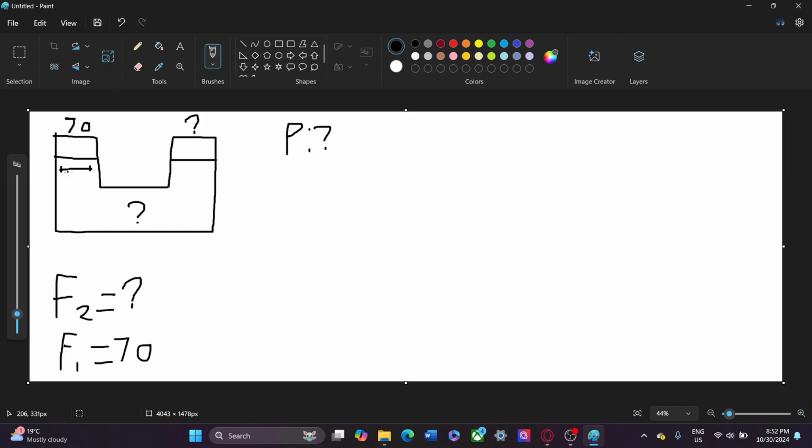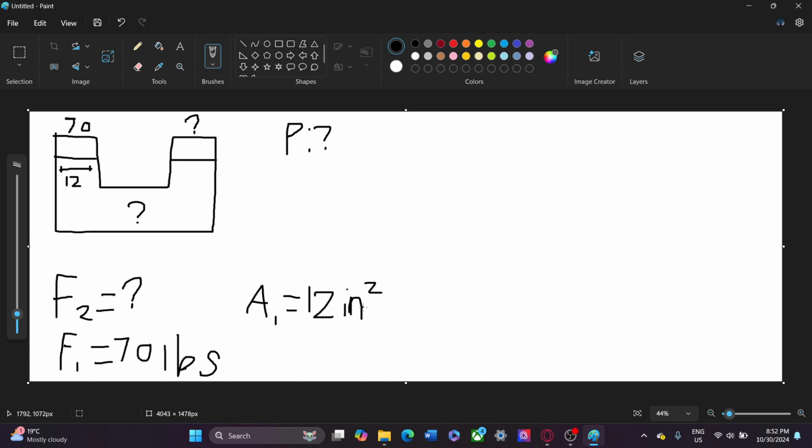We know that our area is, let's do 12 inches. 12 inches, right? A1 equals 12 inches squared.